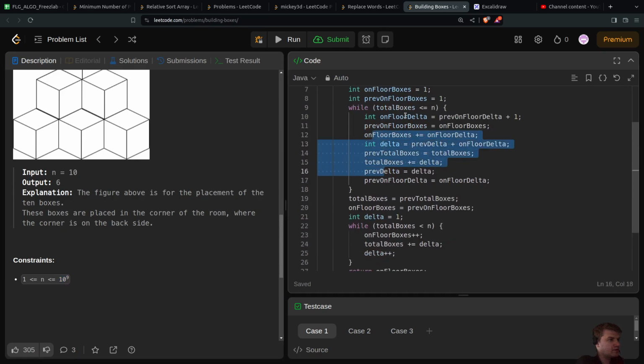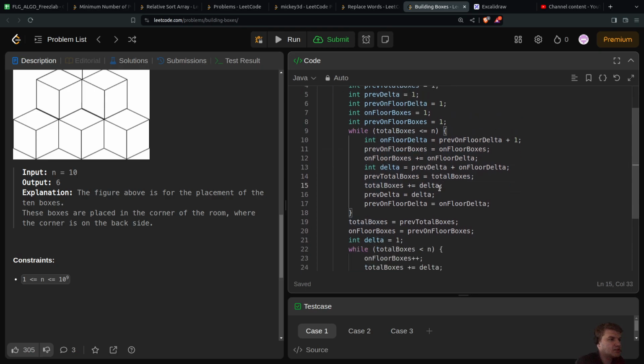And the growth of how we add delta to total boxes, delta is not a constant growth. So I guess it's exponential growth. So yeah, that's it.